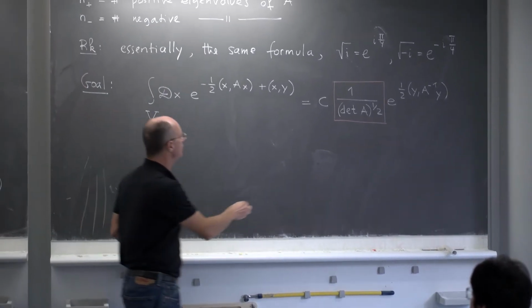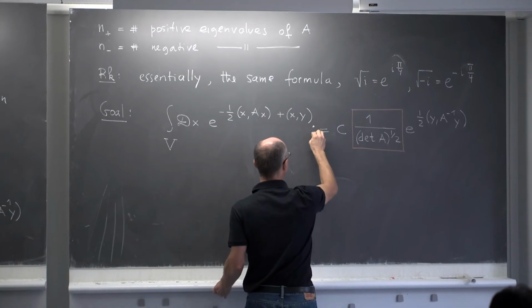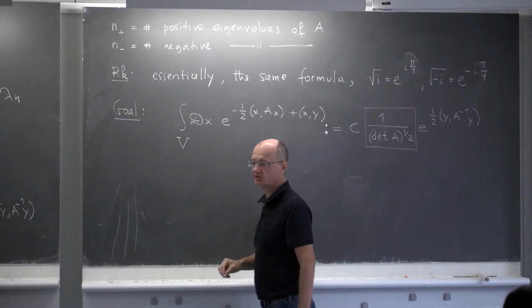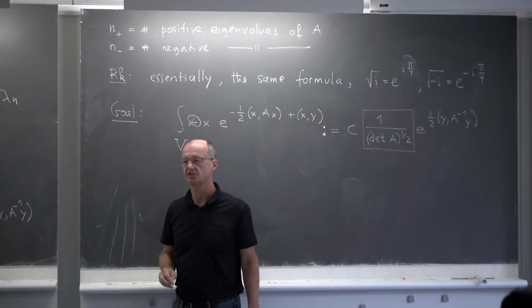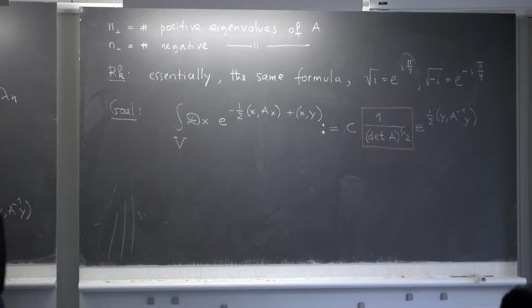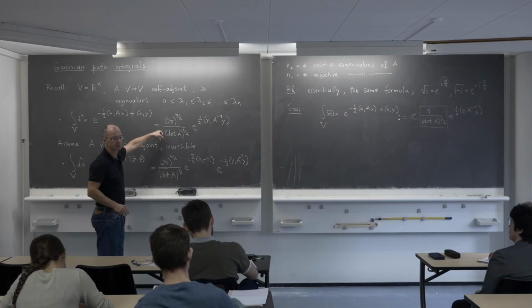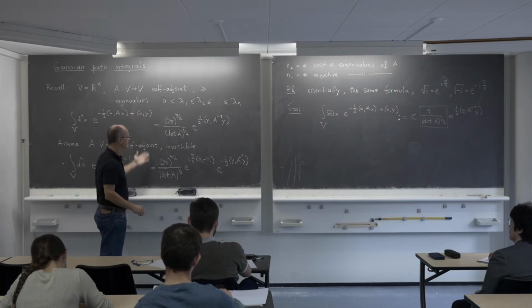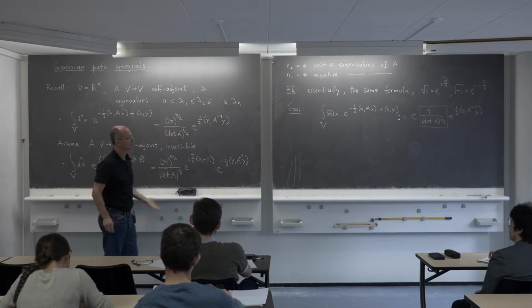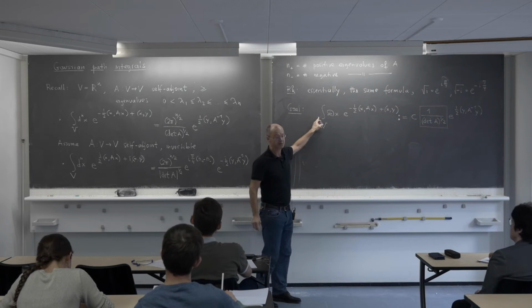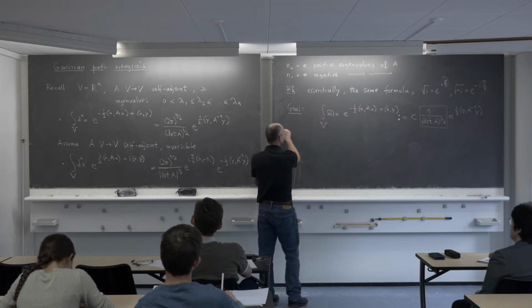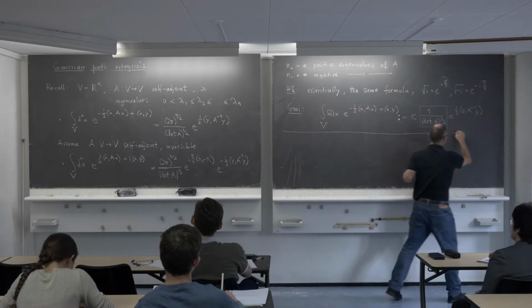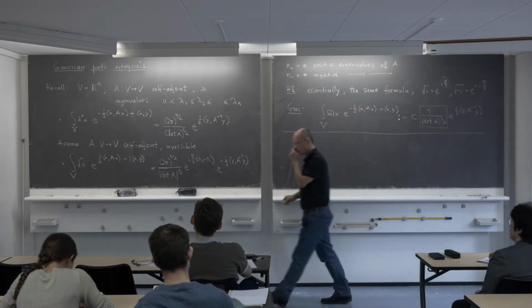And note that now this formula becomes a definition of the left-hand side. So here, of course, those formulas we prove. We compute and we obtain the answer. So that's essentially the definition of Gaussian path integrals.